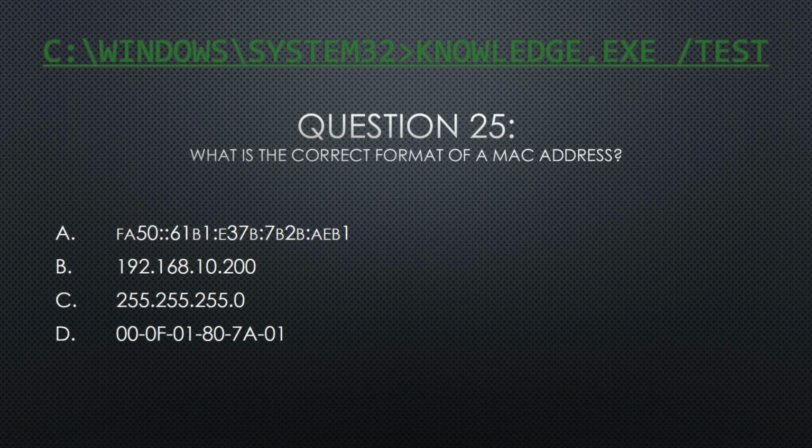Question number 25. What is the correct format of a MAC address? The answer is B. MAC addresses have 48 bits. Each octet represents 8 bits in hexadecimal numbers. A is an IPv6 address, B is an IPv4 address, and C is a subnet mask address.